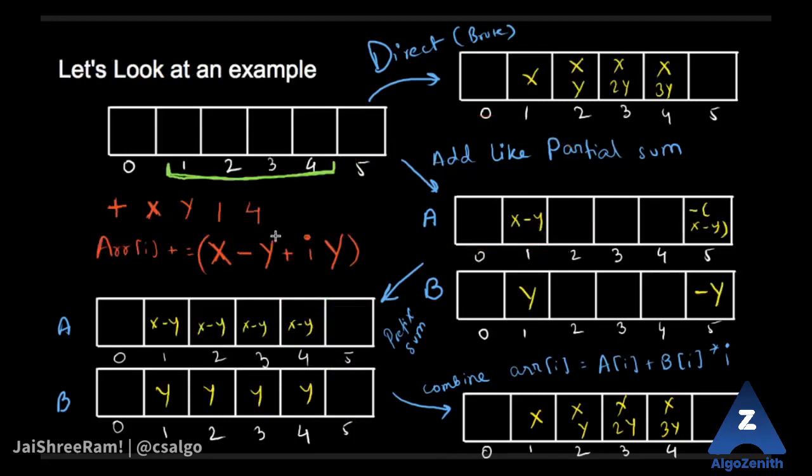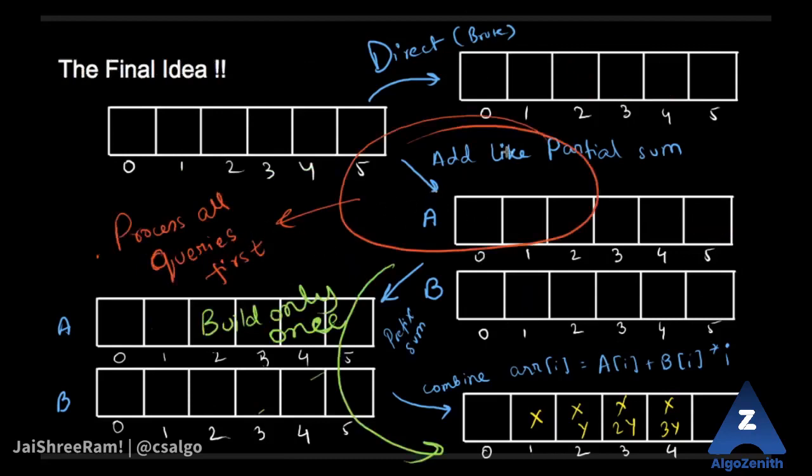So for each of the queries, you add 4 values over here. So for each of the queries, you find out the corresponding values and add them correspondingly in the A and B arrays. That is like processing all queries first and building these A and B arrays separately. And then once all the queries are done, we build the prefix sum of the A and B arrays and combine them using this rule, okay?